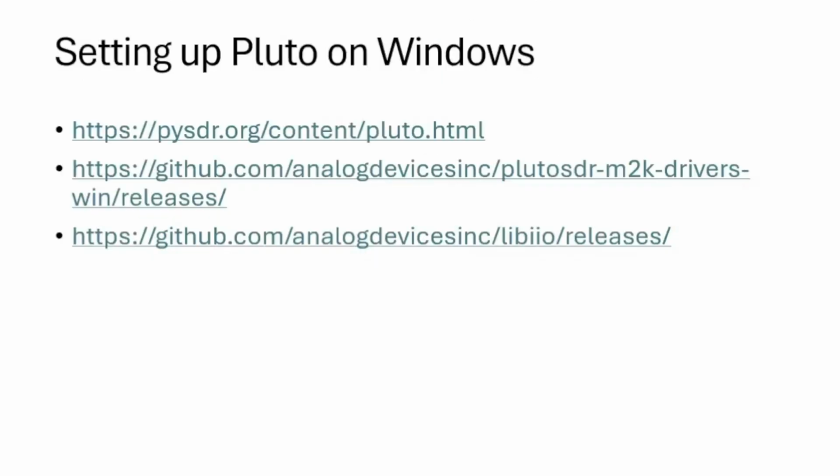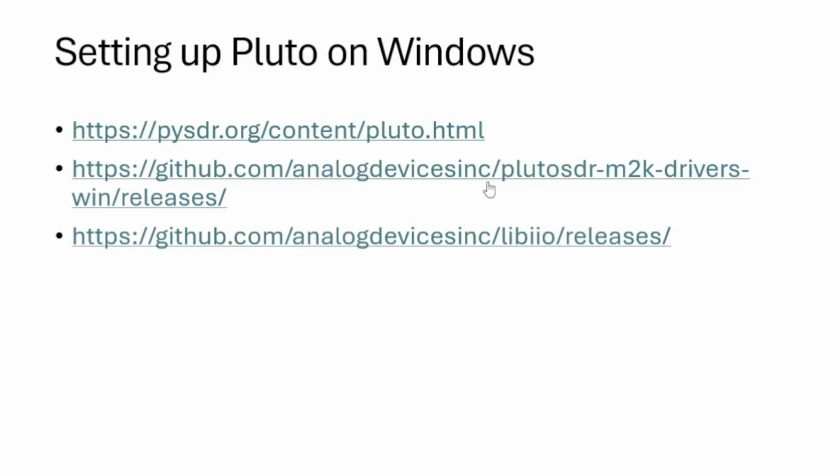Before moving on to working with Python code, I just want to mention how to set up the required libraries and drivers to be able to interact with ADALM Pluto.